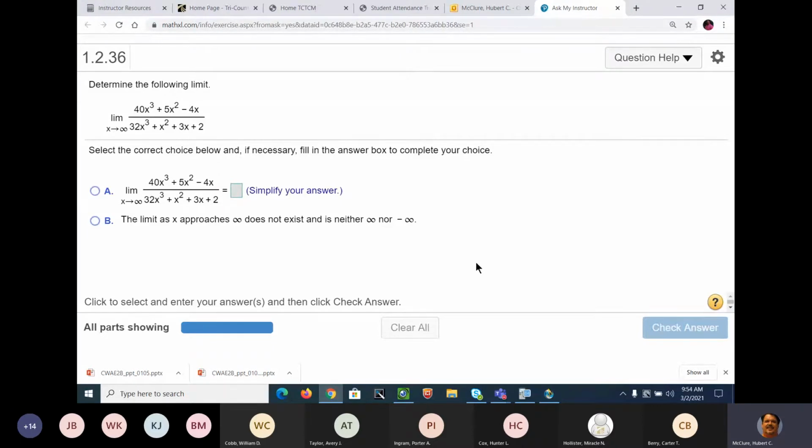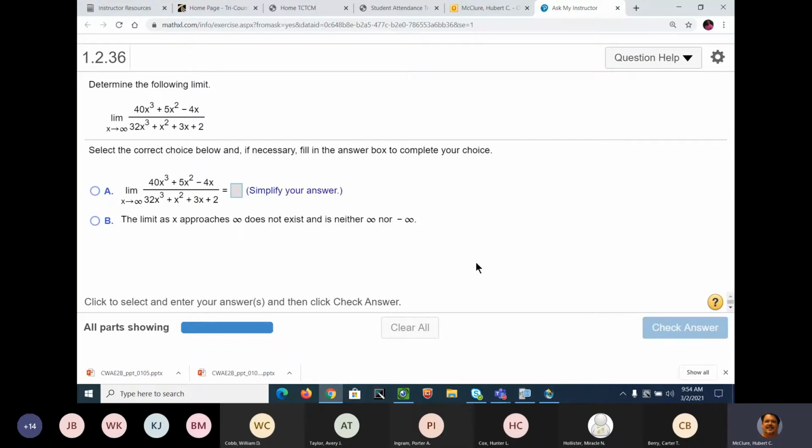So limit as x approaches infinity of 40x cubed plus 5x squared minus 4x over 32x cubed plus x squared plus 3x plus 2.